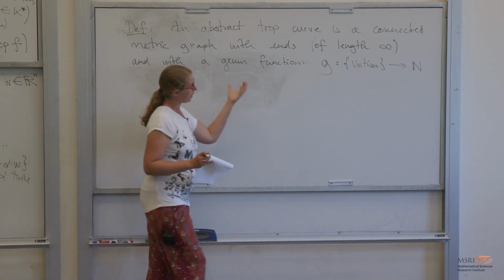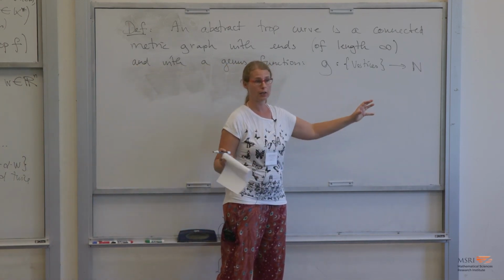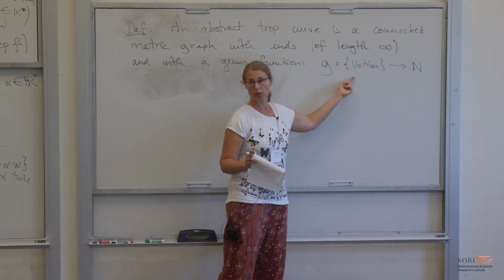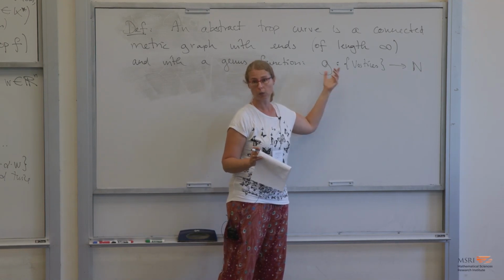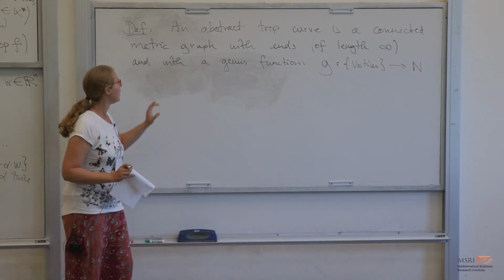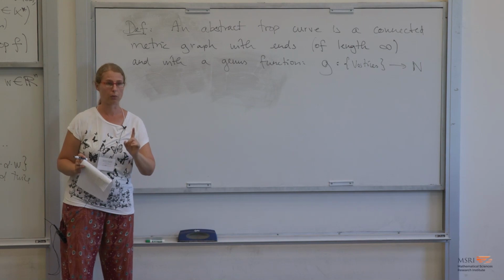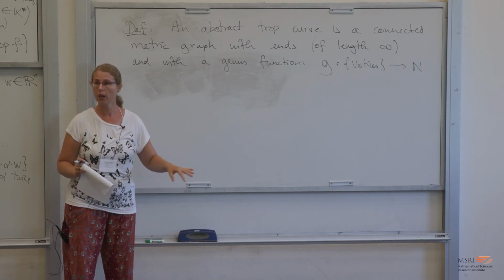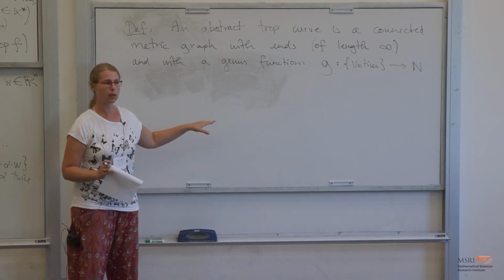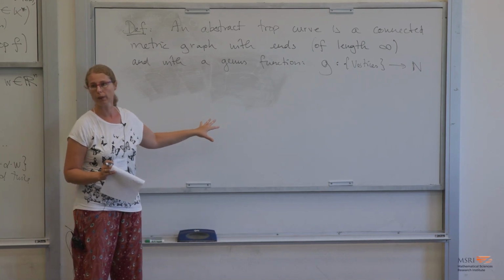But then, since a component could still have higher genus if we're not completely degenerating, we need such a genus function to keep track of what's happening in the degeneration somehow. I have to tell you, however, my aim is to give you a formula for N_{0}^{trop}, so for rational tropical curves. So if you don't like that genus function a lot, just ignore it, because we'll only work with rational graphs in a second anyway, okay?